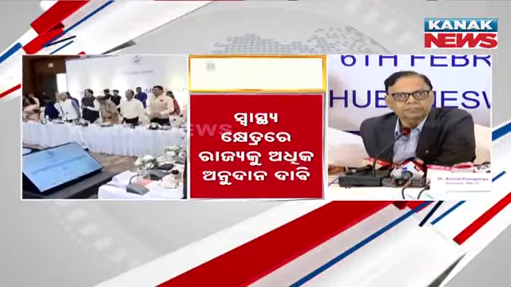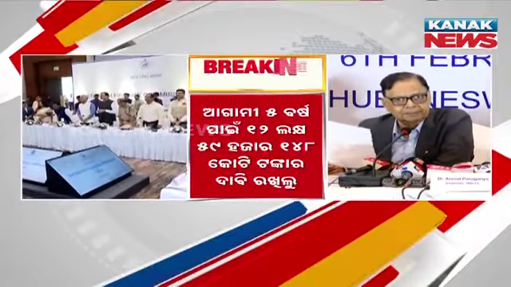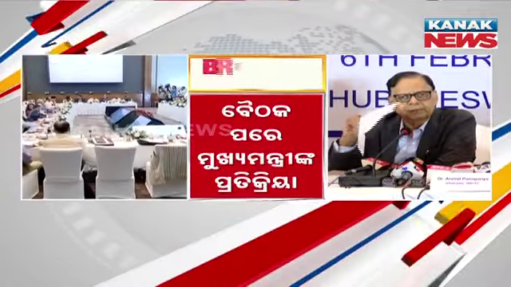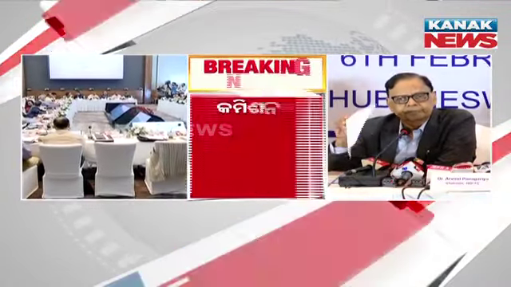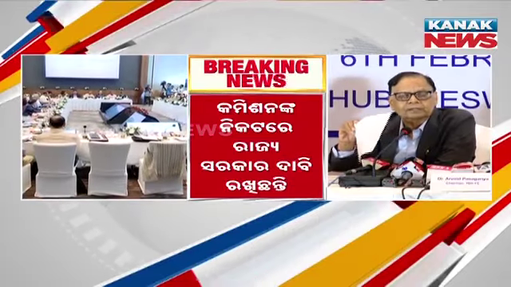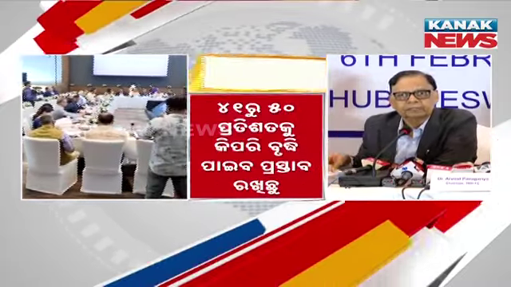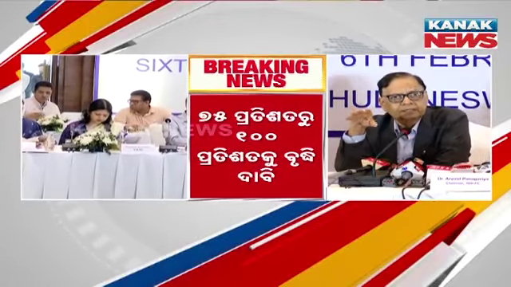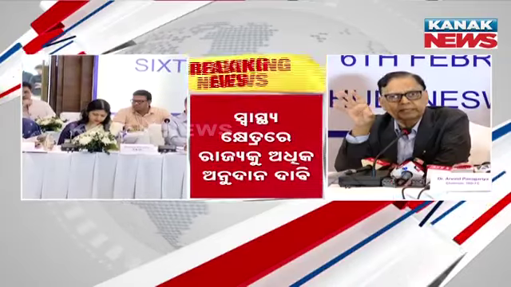On horizontal devolution, states made some recommendations also. I will give you a comparison of what the state has recommended with what the current practice is under the 15th Finance Commission. Horizontal devolution, which is the division of the states' share in the divisible pool among the 28 states, is done on the basis of certain criteria.